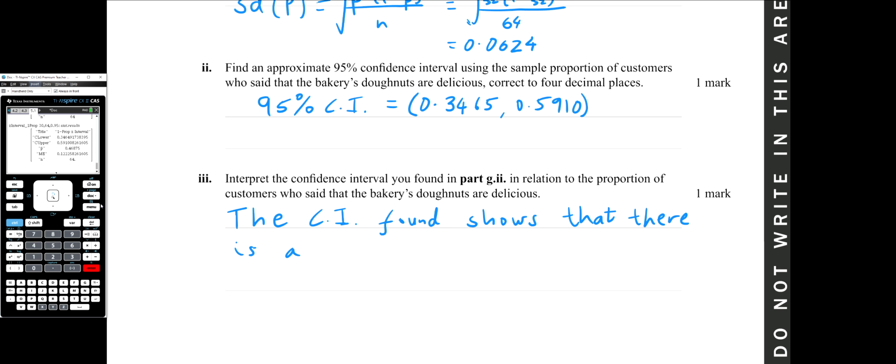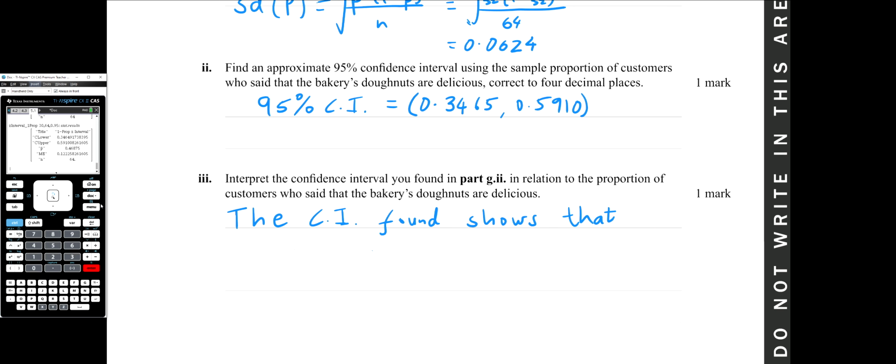there is a 95% probability, sorry, that's not the right word. It's not 95% probability. Okay, you have to be very careful with the wording for this.